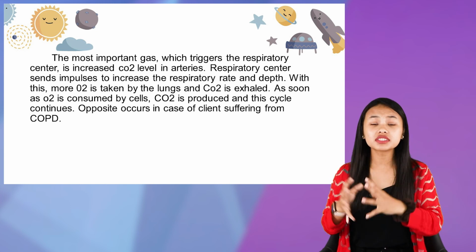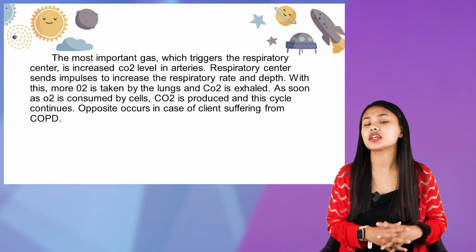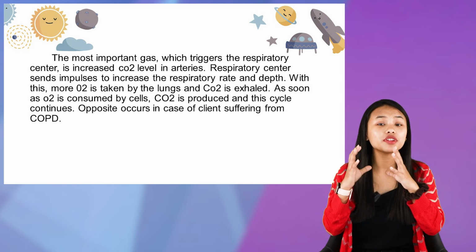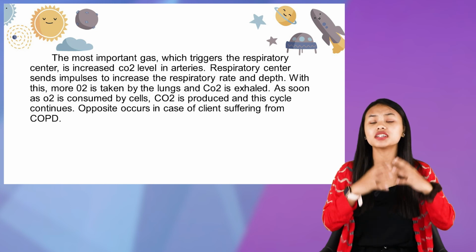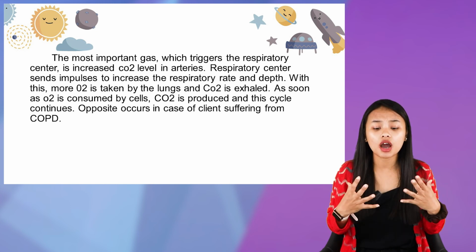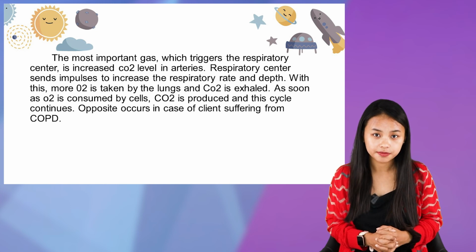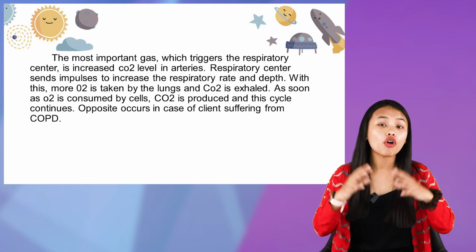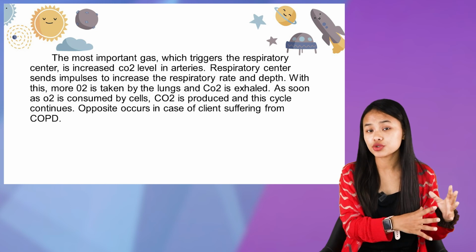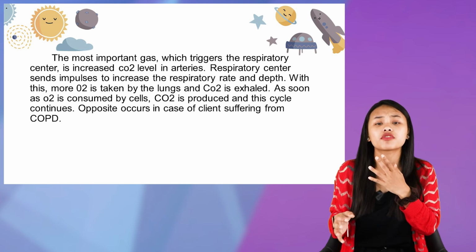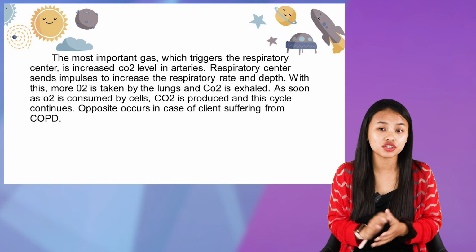So for these types of clients, the low oxygen will provide the stimulus to allow the client to initiate the process of respiration. So this is the regulation of respiration in a normal individual as well as in a client who may suffer from other disease conditions such as COPD.